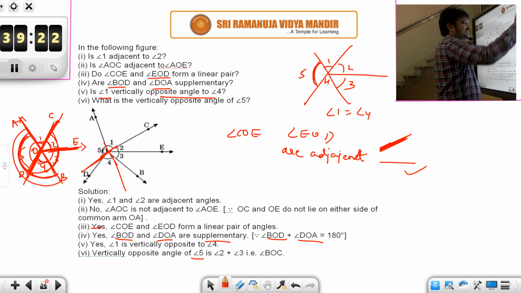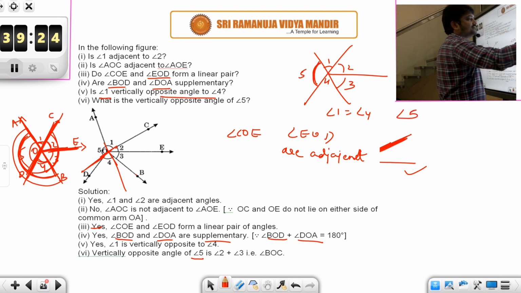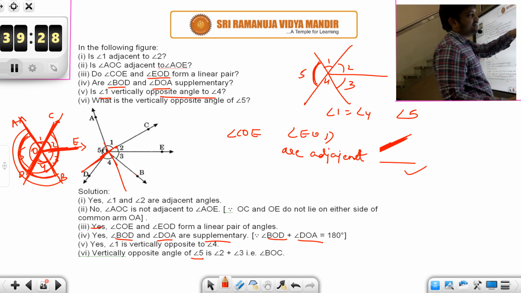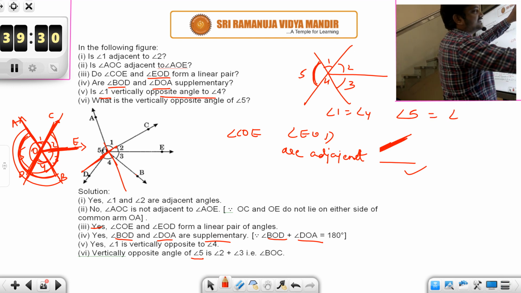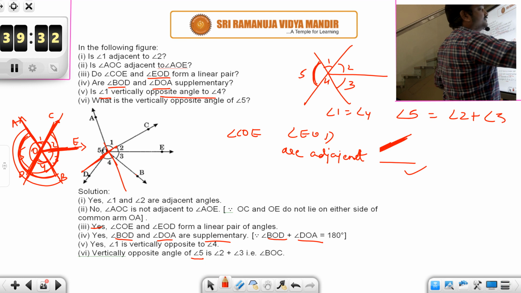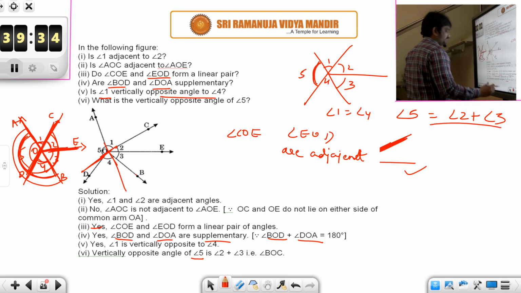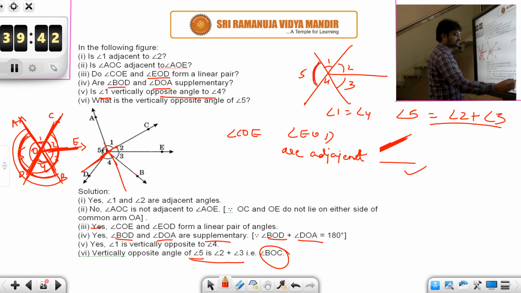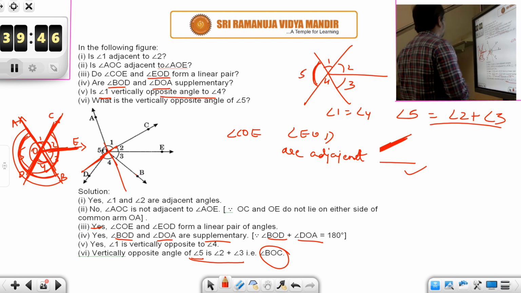Here if you look at this diagram, angle 5 is on this side. What is the vertically opposite angle to 5? You could clearly see that it is the sum of 2 and 3. Vertically opposite angle of 5 is 2 plus 3, that is angle BOC, this entire angle. Okay. So just be clear with the definition, then these questions will be very, very easy to solve.